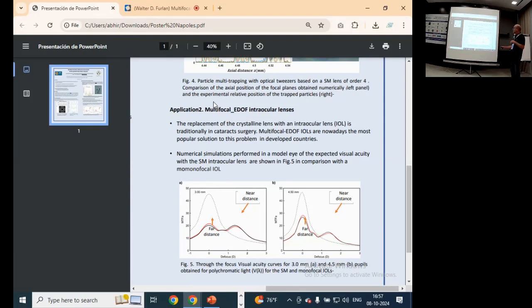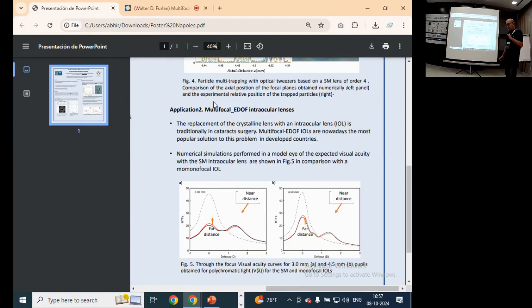One thing that I have found, and which is relatively known by ophthalmologists, is that the response of the eye depends on the diameter of the pupil.